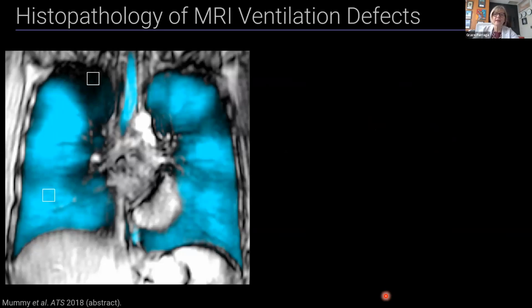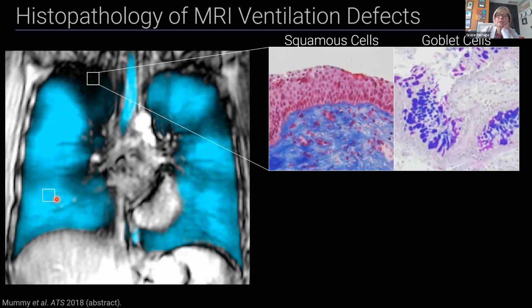So if we perform a sanity check and we look at these ventilation defects, I have a square here in a ventilation abnormality and one here in airways that are ventilating the lung. The group at Wisconsin looked at the histopathology of what's going on here in these dark holes, and they showed that, not surprisingly, the histology reveals a deeply abnormal airway and numerous goblet cells that are mucus secretors.